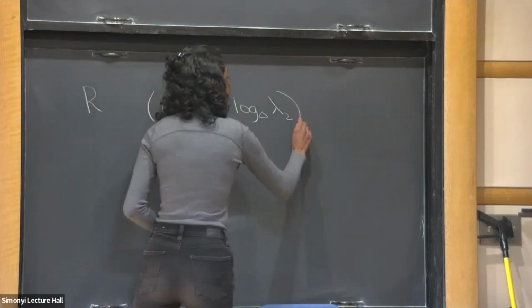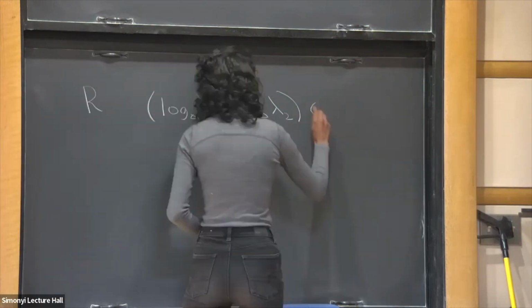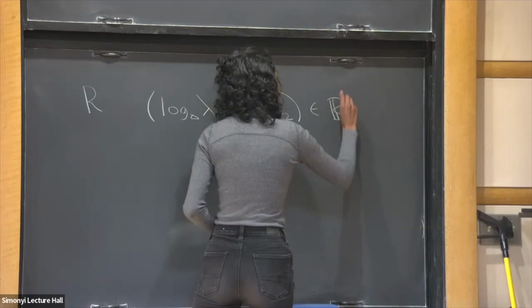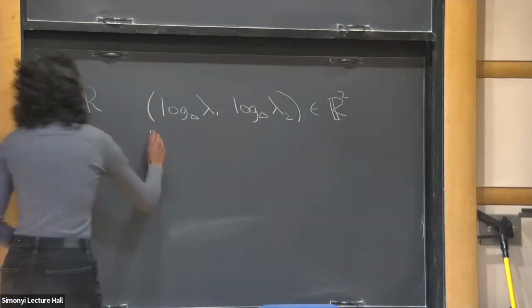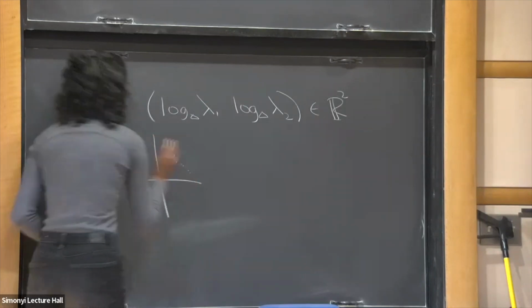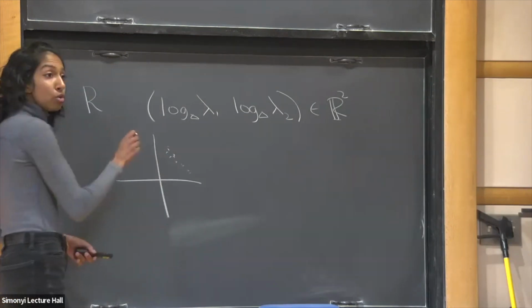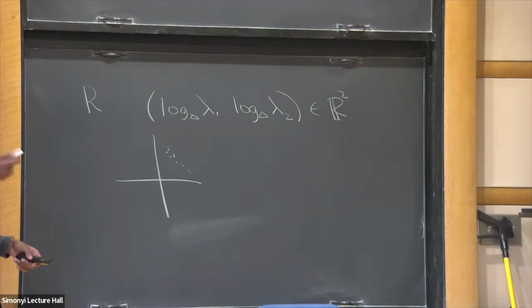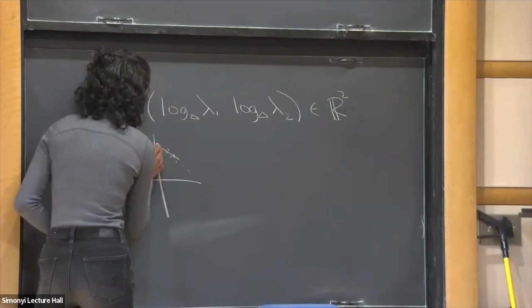So combining these two numbers together, we have a tuple of two real numbers. This is an element of R2. So for every cubic ring, we're getting a point of R2, and we get a bunch of points of R2 as we take the set of all cubic rings. And then we can take the closure in the Euclidean sense, the set of limit points. And it turns out that we just get a line segment.